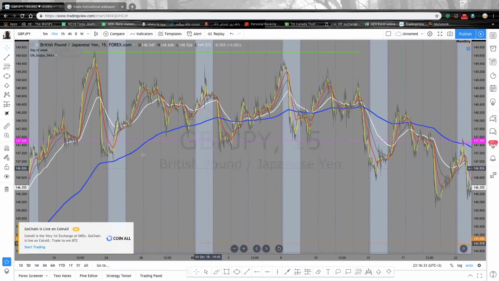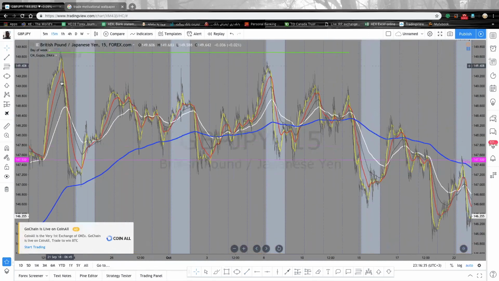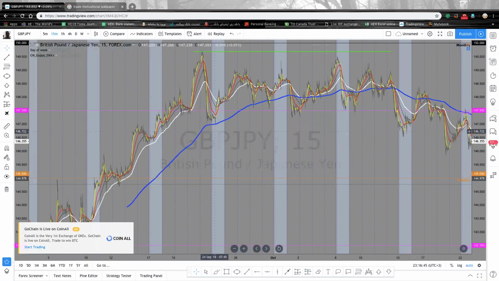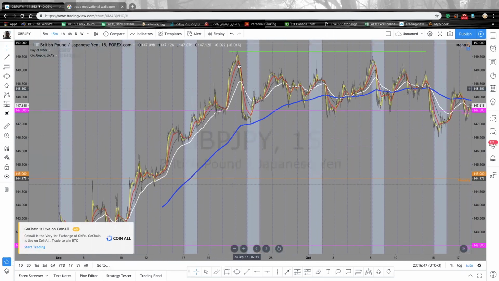So you see the first touch, and then the market came all the way down to the blueberry. What happened here in one day? So when you see something like this, you need to be interested in this high.